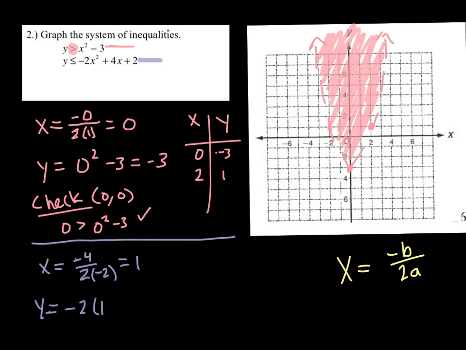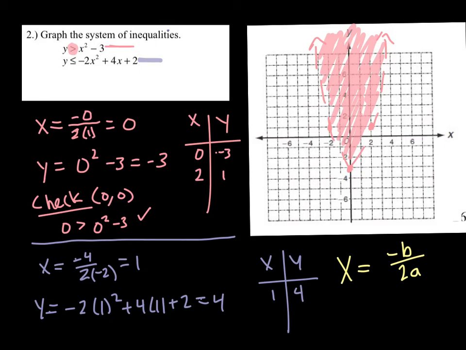Negative 2 times 1 squared plus 4 times 1 plus 2. That gives us negative 2 plus 4, which is 2, and 2 plus 2 is 4. So our vertex is 1, 4.